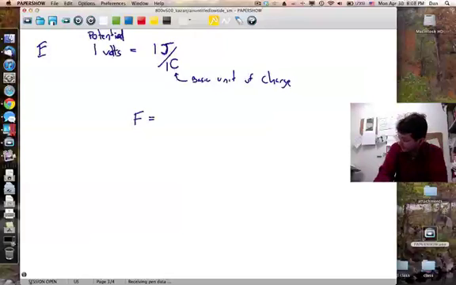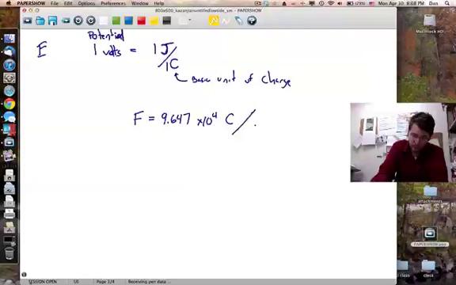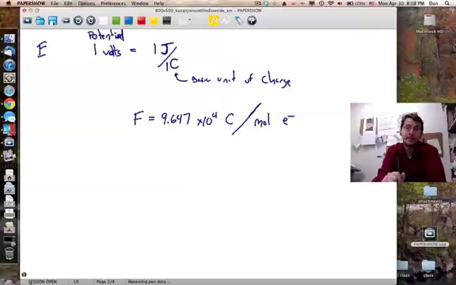It turns out that the Faraday constant is equal to 9.647 times 10 to the 4th coulombs per mole of electrons. If you had 1 mole of electrons, it would have 9.647 times 10 to the 4th coulombs of charge associated with it.